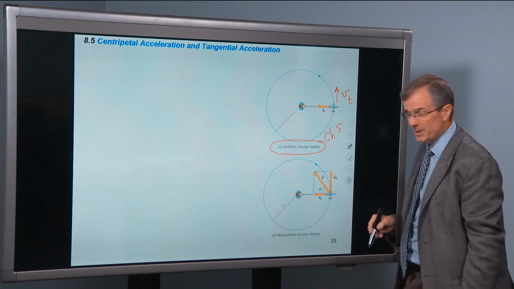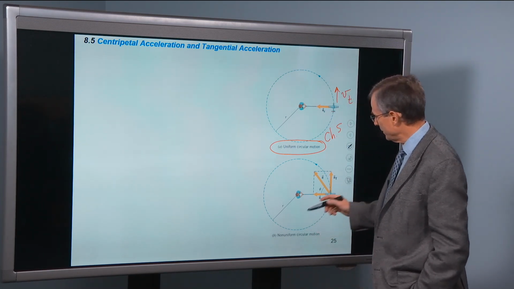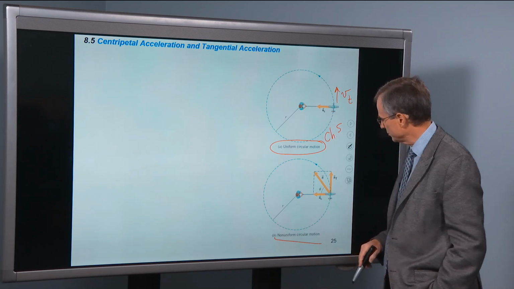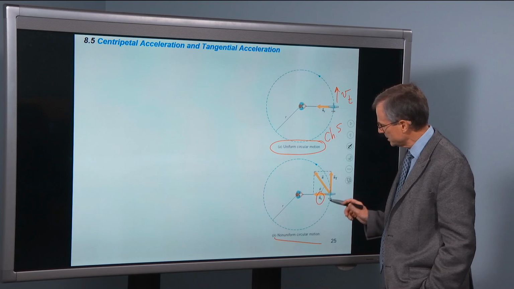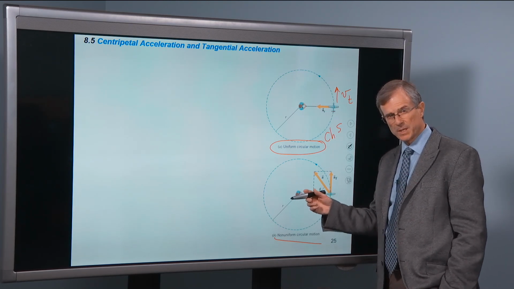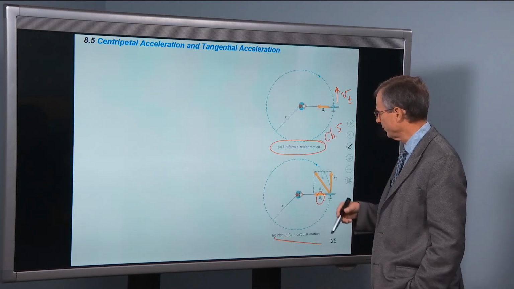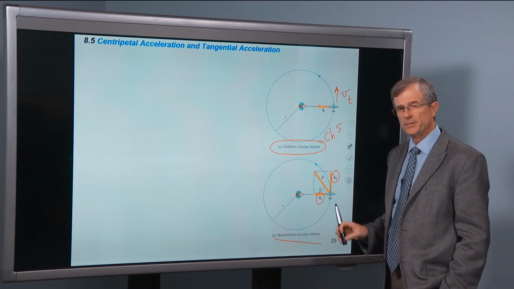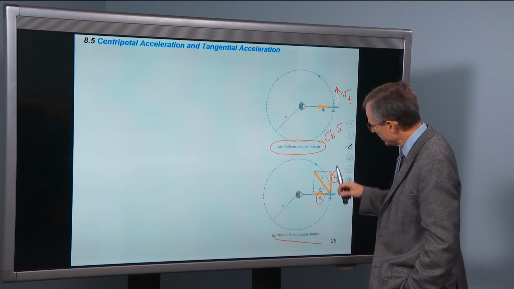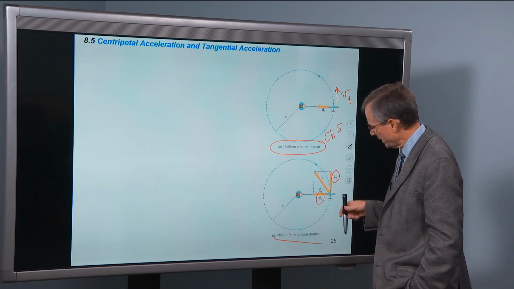Now we're not in Kansas anymore, and we get to think about non-uniform circular motion, where you can have not only a centripetal acceleration toward the center of the circle, like we did in Chapter 5, but also a tangential component of acceleration in the direction of motion or opposite the direction of motion.